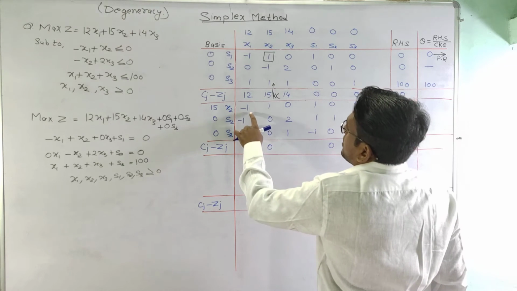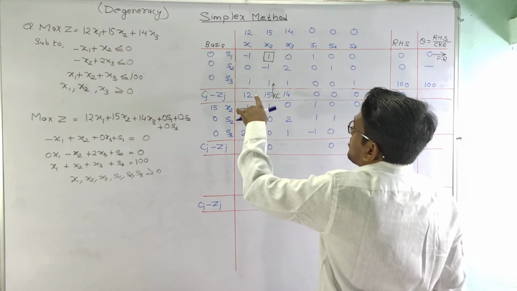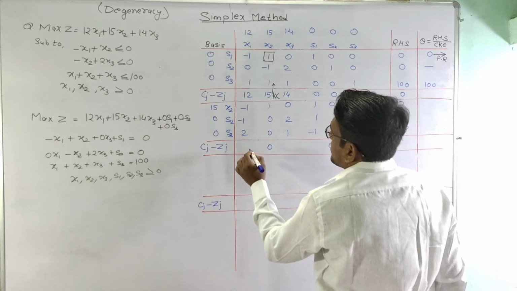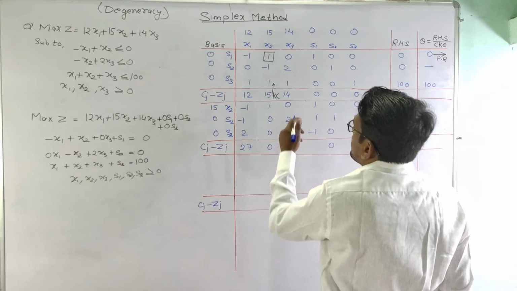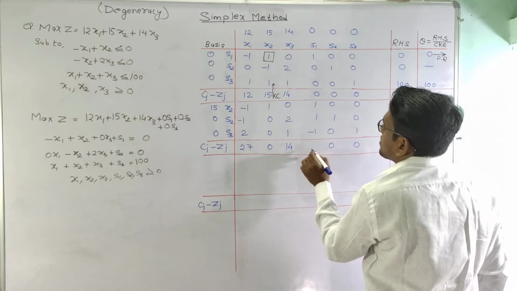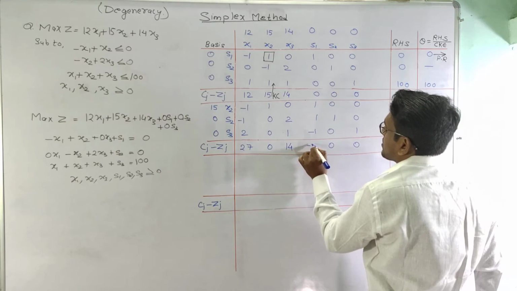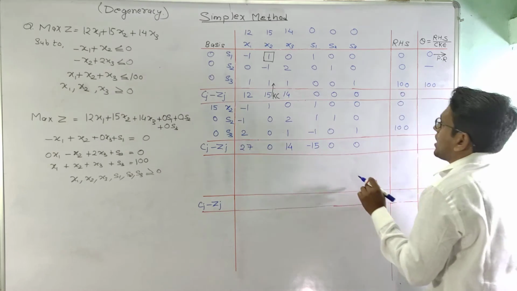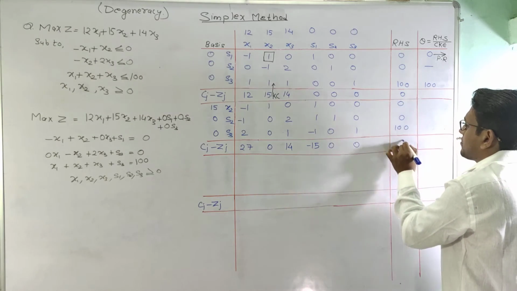Now to calculate this value, this will be minus of minus 15 plus 15, this will be 27. Similarly, this will be 0, this is 14, this will come as minus 15, and this will come as 0.